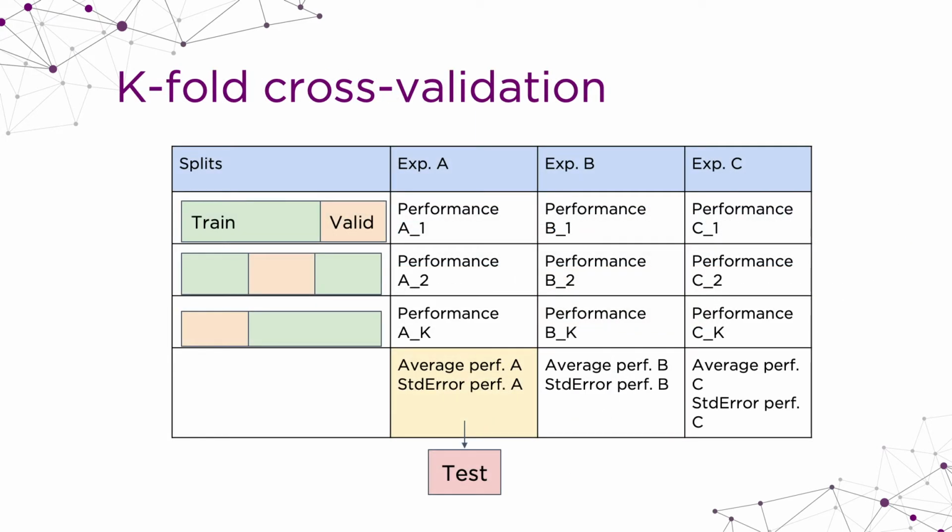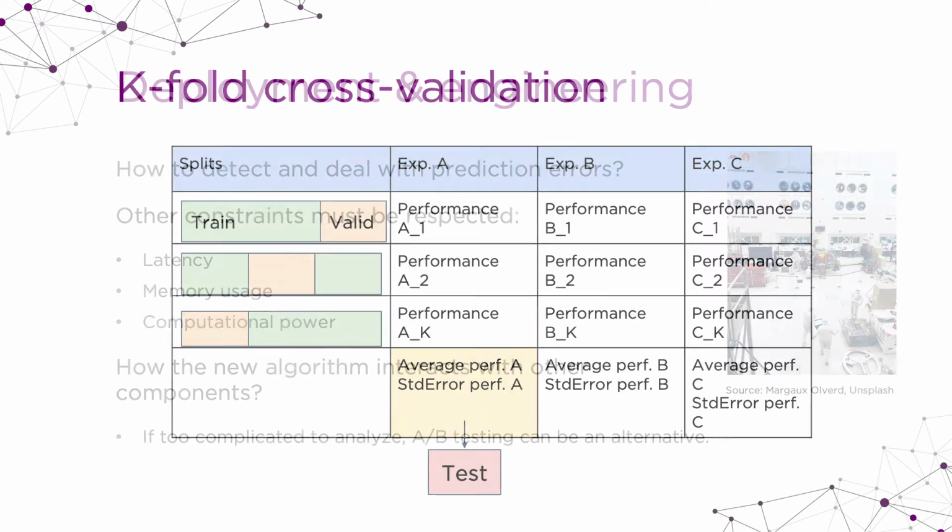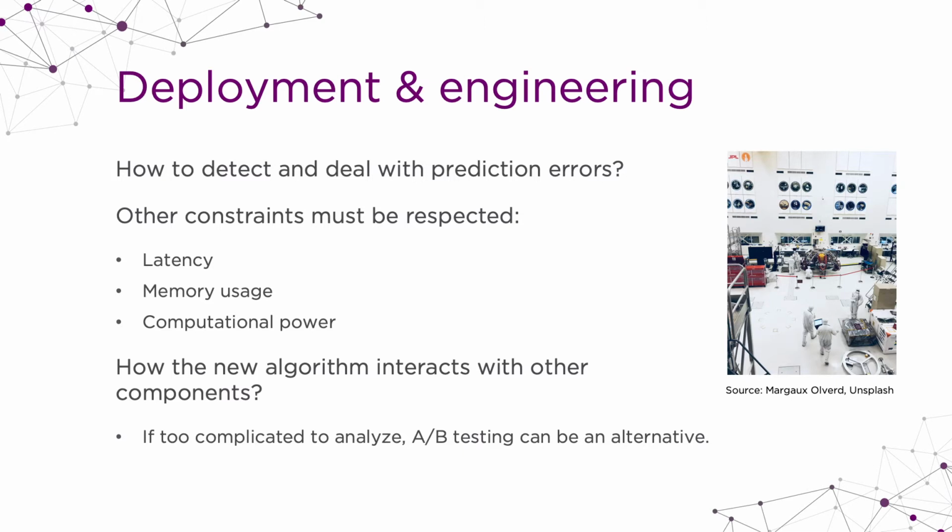And again, when I choose the best experiment, I must do a final check on the test set. And if the performance of my test set is inside the range, the uncertainty defined by the standard error around the average, then I can be confident that everything is good for generalization, and I can be more confident to deploy the model.